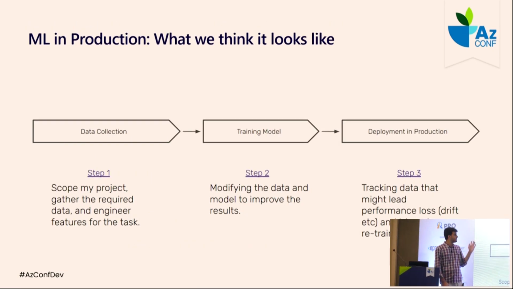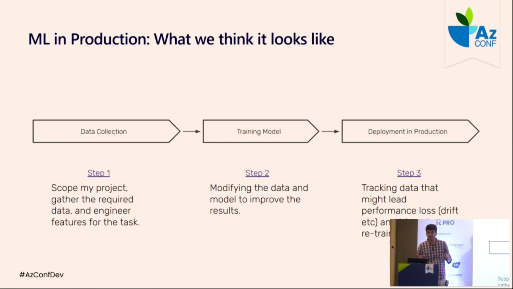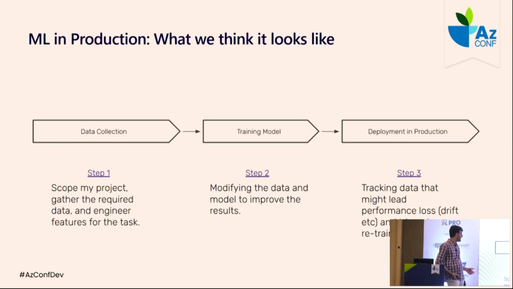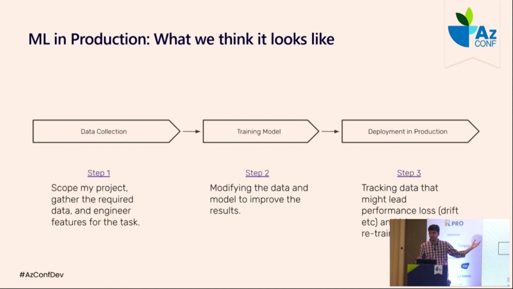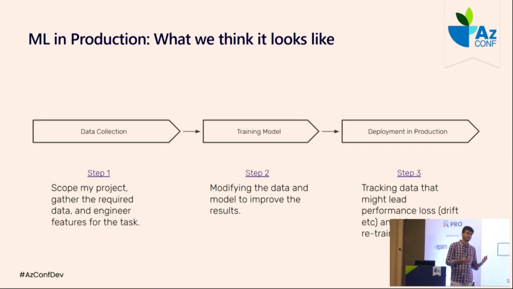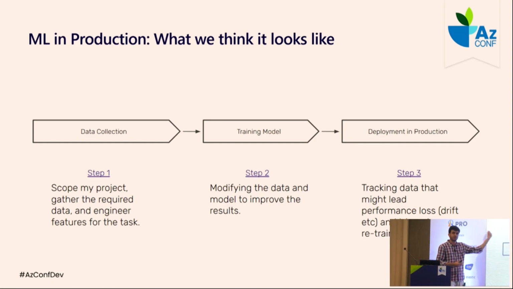Now, ML in production, this is what we think it looks like. There are multiple stages. You have data collection, which is the first stage, where you go ahead and collect data. Then you do some kind of training of the model and all that. And then finally deployment. So it feels like a very one-way kind of process in our minds: I'll collect data first, I'll do some training, and then I'll push it to whatever production I have.